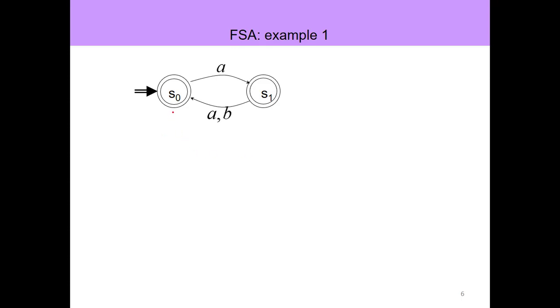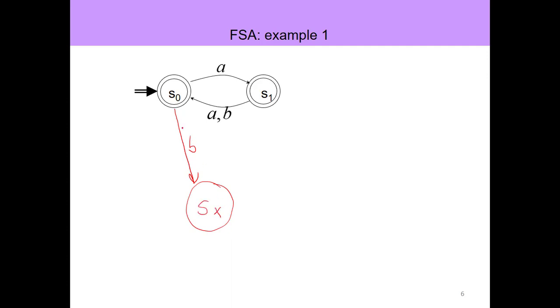Well, a nice solution would be to add a so-called sink. So for every symbol where there's no definition of the state transition, we add a sink. So in this case, if we receive in S0 a B, which is not allowed, we'll just sort of drain it.